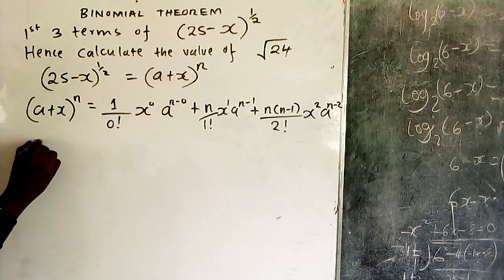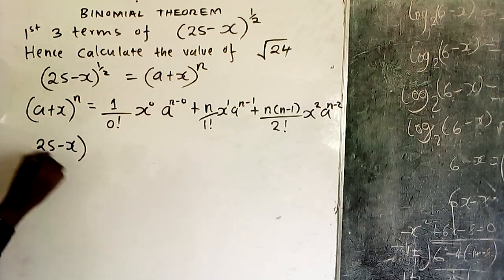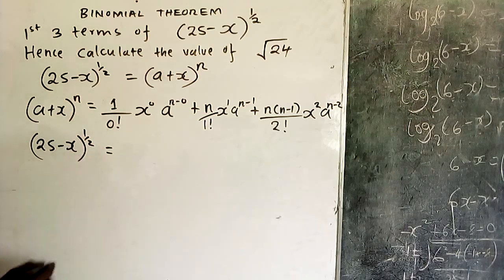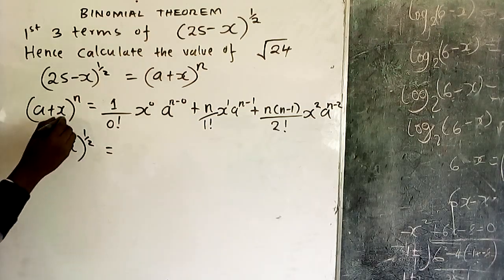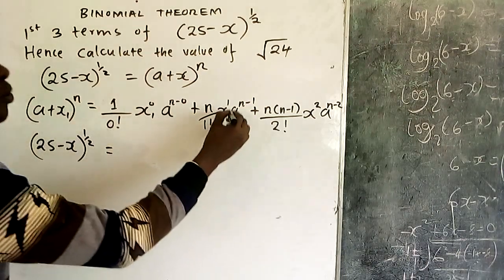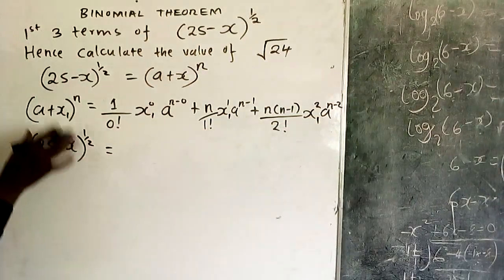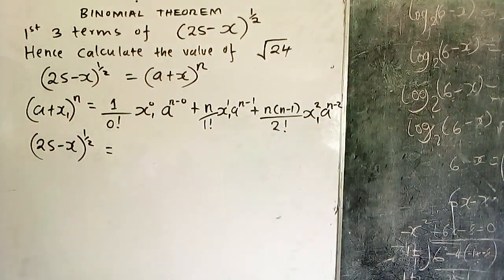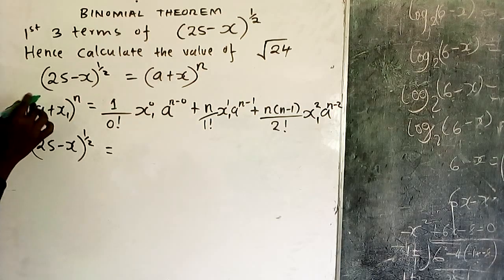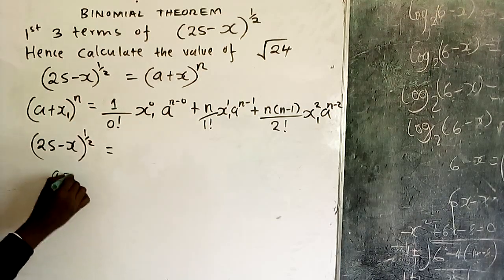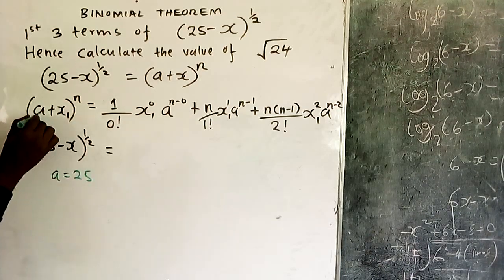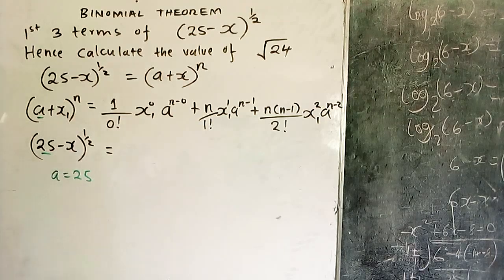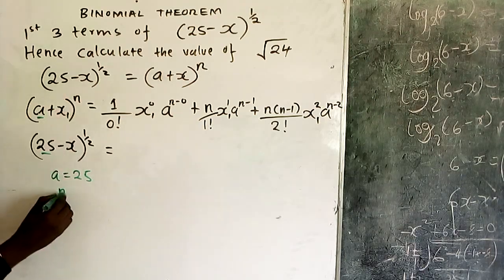Now after that, you bring back your original equation. The equation you've been given is 25 minus x raised to power a half. So if this is x and this is also x, you can let this one be x1 to differentiate them. In our equation, the position of a is occupied by 25, meaning a equals 25.